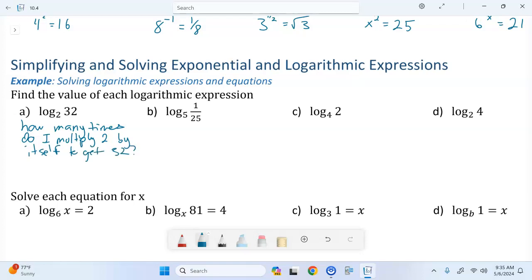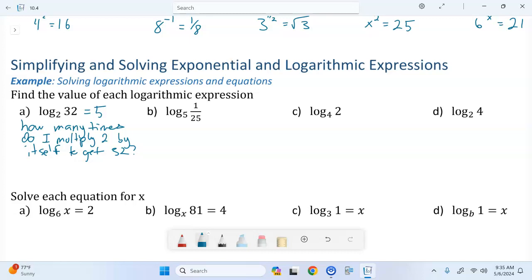That's what it's asking. How many times do I multiply 2 by itself to get 32? Okay, we multiply it by itself 5 times. So that's what that's asking for. Simplify it, it equals 5.